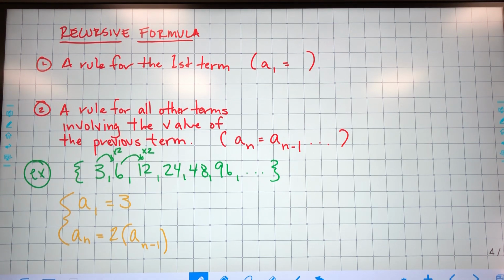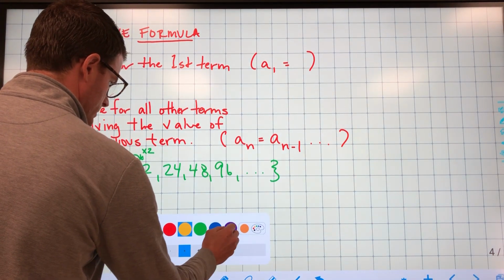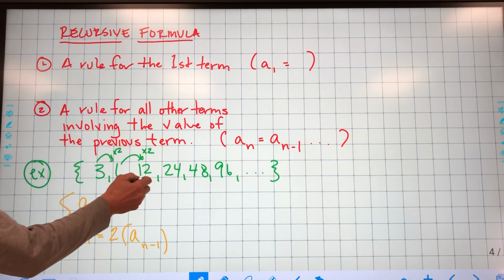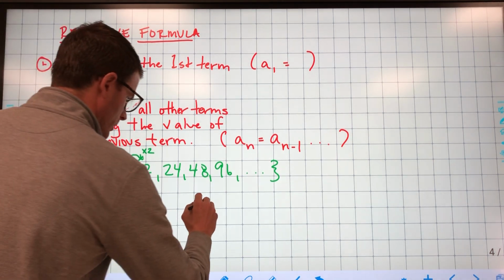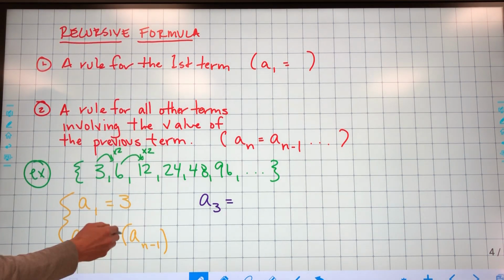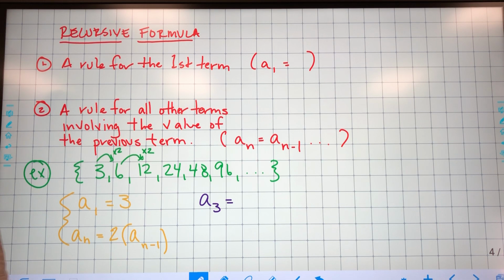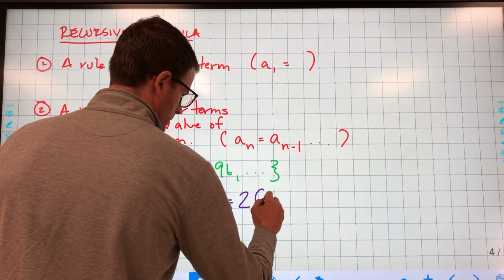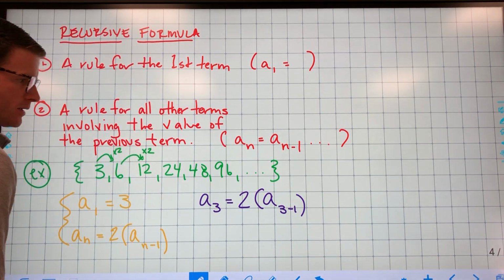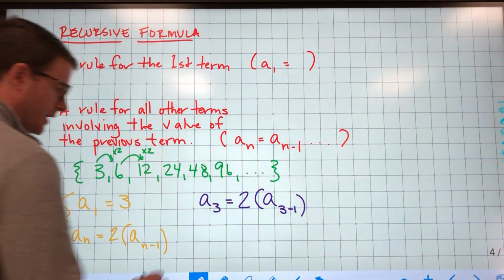You're going to put it in a brace like that. And now we can check to make sure that that's true. So let's say we know the third term is 12. If we want to find the third term given this formula, all I'm doing is plugging a 3 in everywhere there's an n.